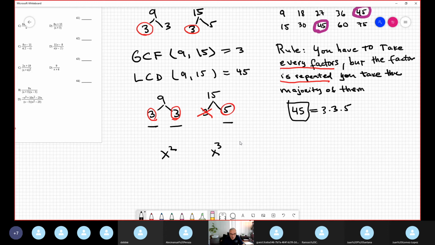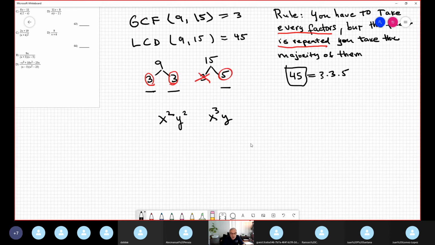But let me complicate it a little bit: x squared y and x cubed y squared. I need to find the least common. Well, let's do them both for practice. So no numbers, only variables now.